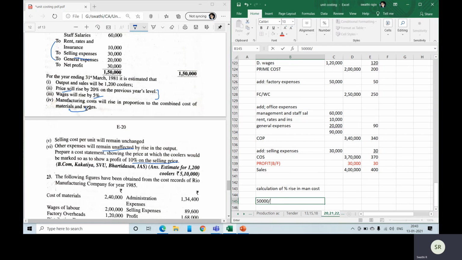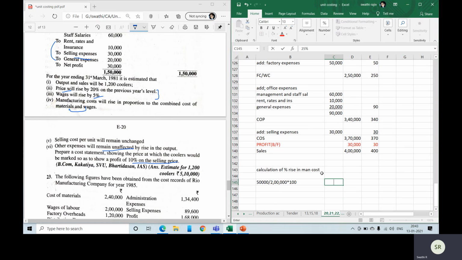What is combined cost of material wages? We have it as prime cost. So now it will be manufacturing expenditure divided by prime cost into 100. And that is going to be 25%. You can check.